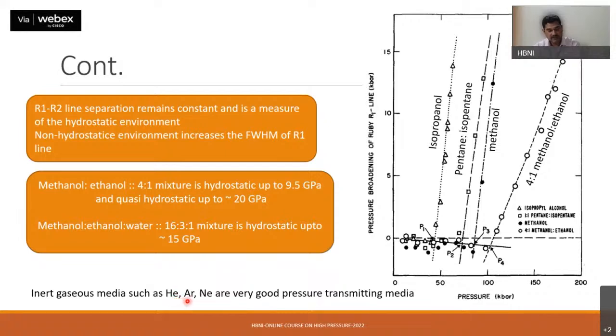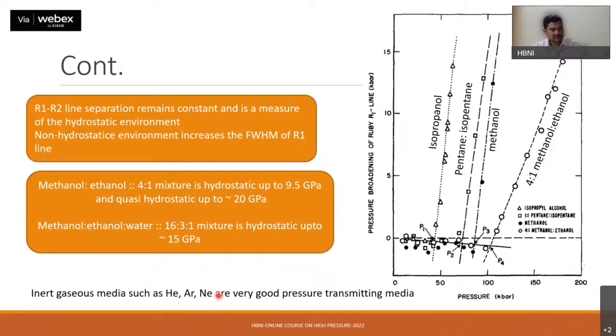And argon, although its freezing pressure is lower, because these are inert gases and softer solids, meaning their shear stress is very low, these inert gaseous media are better pressure transfer media than methanol, ethanol, or other alcohol-water mixtures.